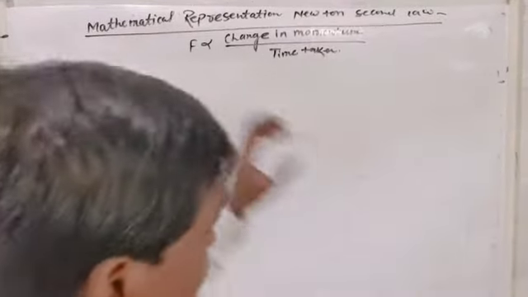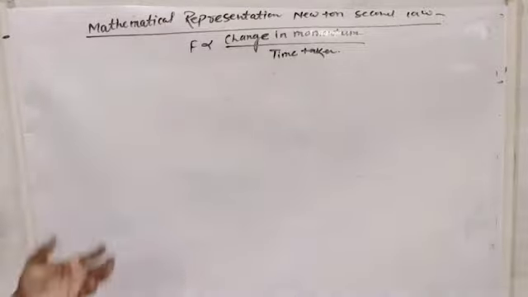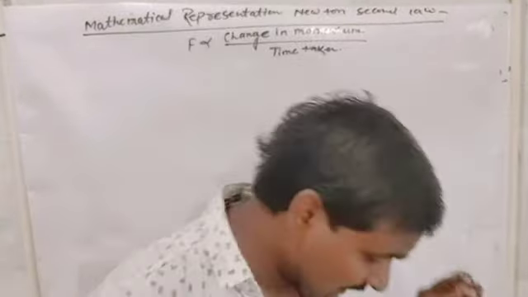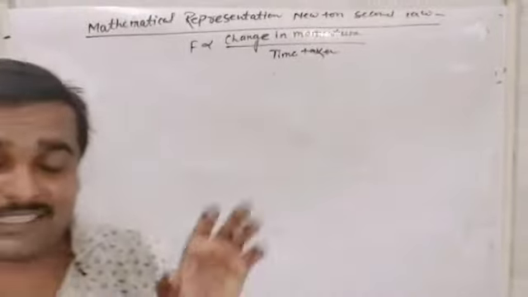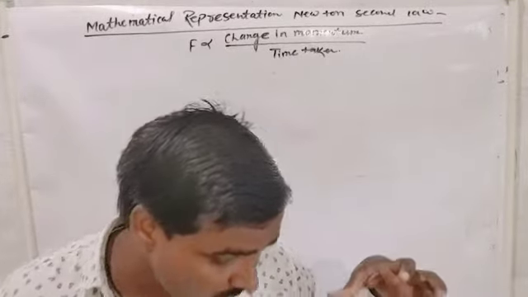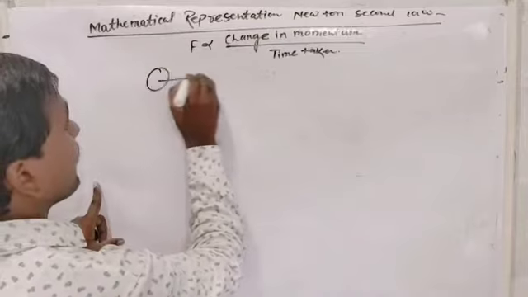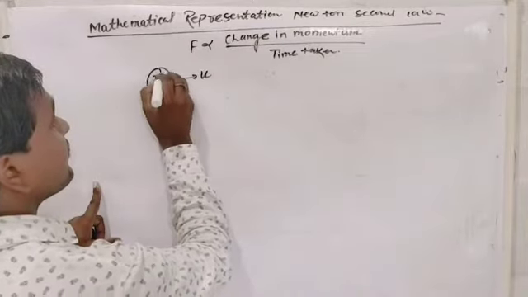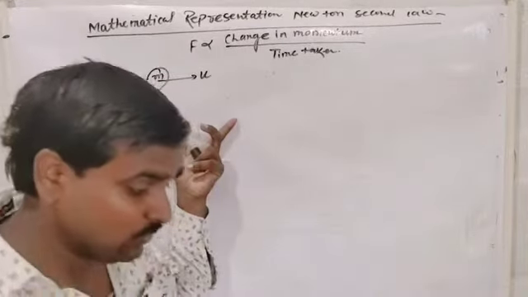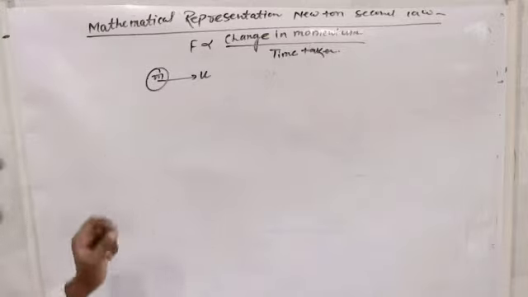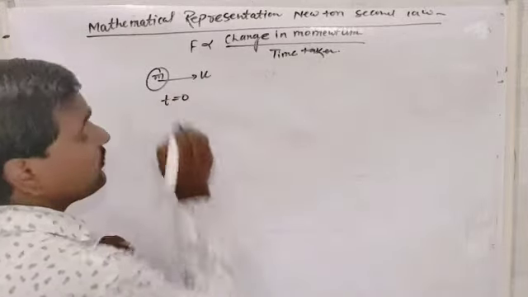To give the mathematical representation of this law, we have considered an object of mass m moving with velocity u at time t equal to 0.